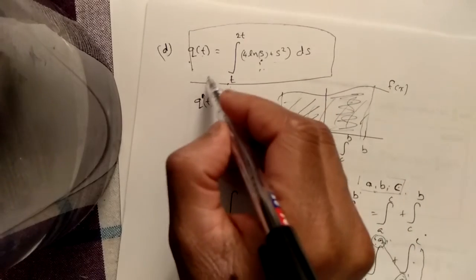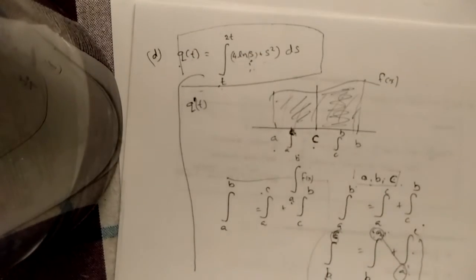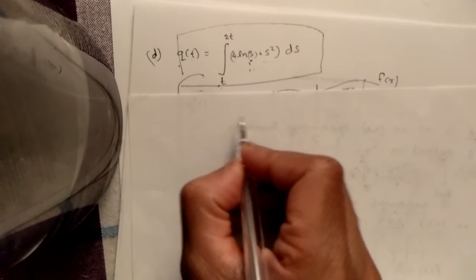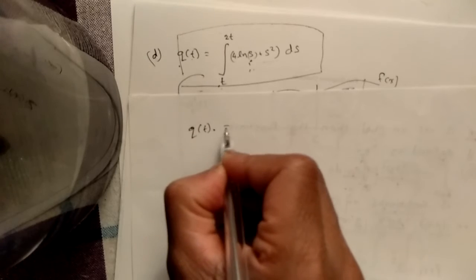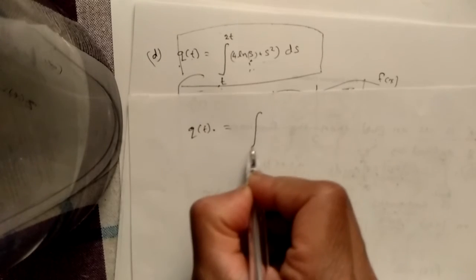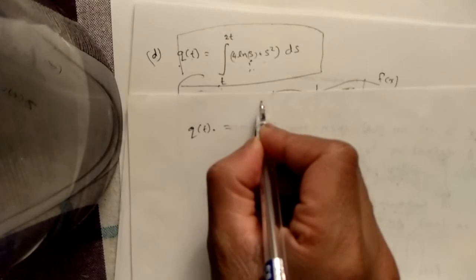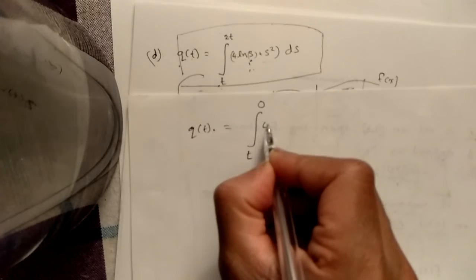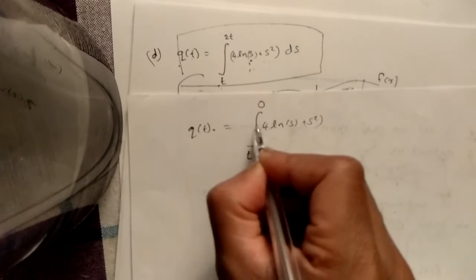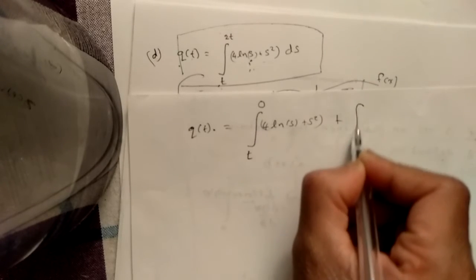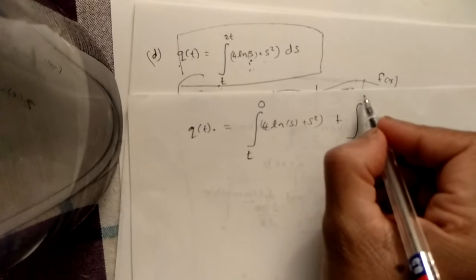Why is that? We can write the given function with a 0 in between, right? So we can write the function q(t) like this, starting from t and ending at 0, and you have the function ln s squared plus 0 to 2t.